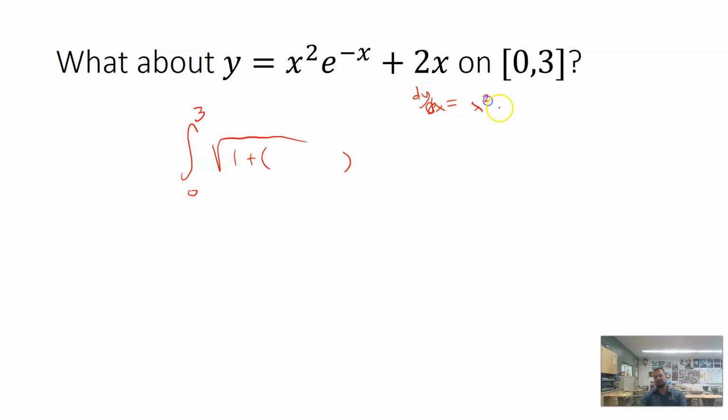So I go first times the derivative of the second plus the second times the derivative of the first, and then we would just go plus 2. So I would plug all of that in there, x squared e to the negative x times negative 1 plus e to the negative x times 2x plus 2. Then I would square all of that, and I put a dx on the end. And I'm not actually going to type that into the calculator. I know you guys can do that to find out what that length is.